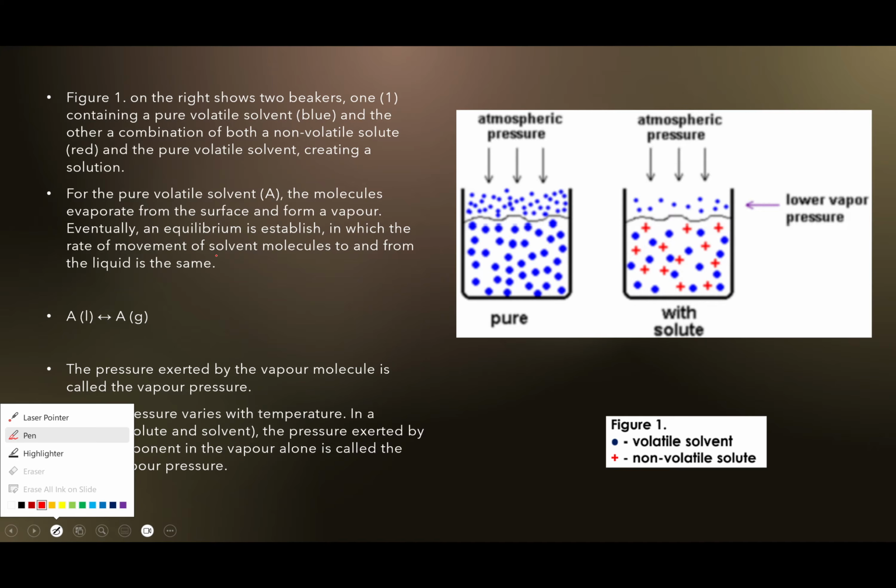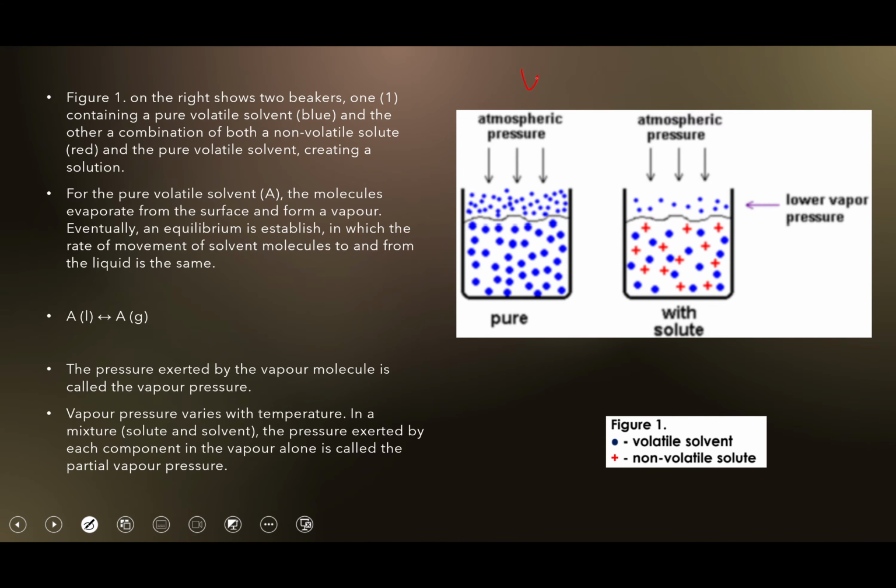So the vapor pressure, P naught, is directly proportional to the temperature. I have the urge to write it in Kelvin, but I think it really doesn't matter. Change in temperature doesn't matter because it's the same thing with Kelvin, degrees Celsius or Fahrenheit.